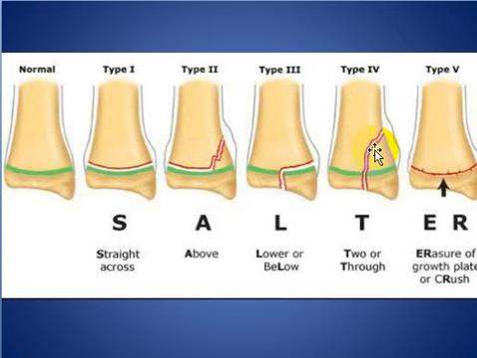And in type 4, we have injury to the epiphyseal plate and a fracture involving the metaphysis and the epiphysis. This is also an intra-articular fracture here. And in type 5, we have growth plate injury and a crushing.